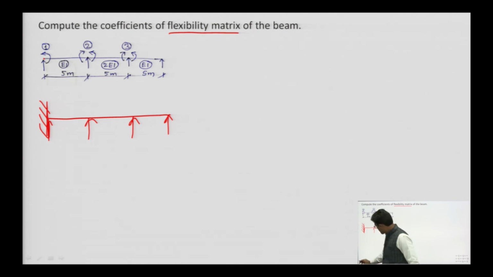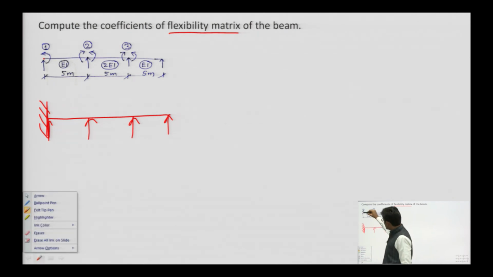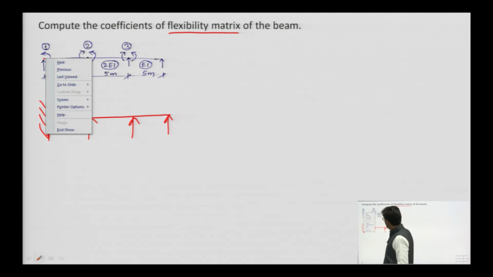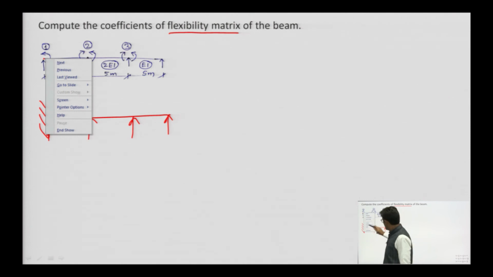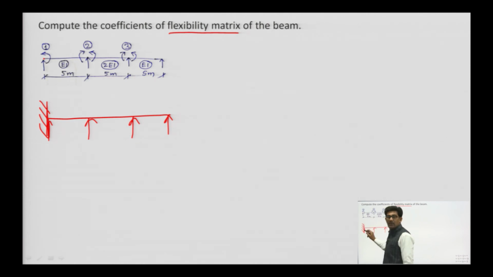At this joint, since a vertical force and moment are there, it is possible only when there is a fixed support. It will be possible only when there is a fixed support.